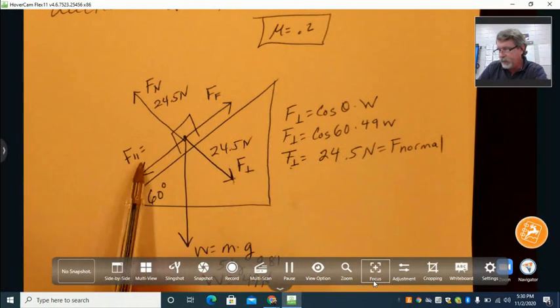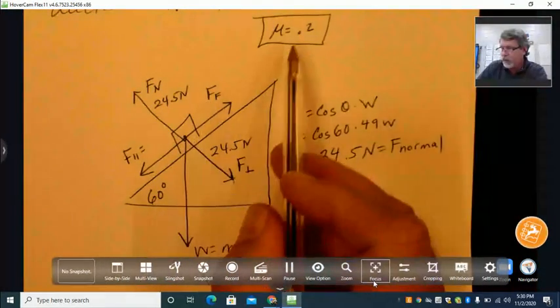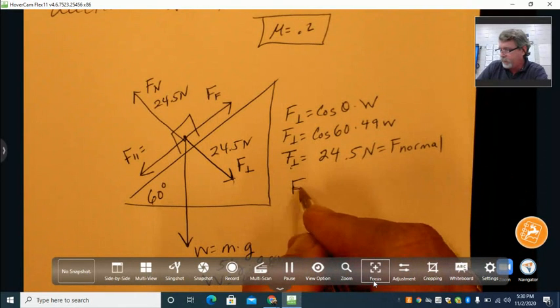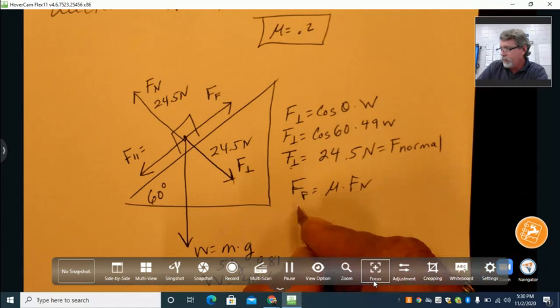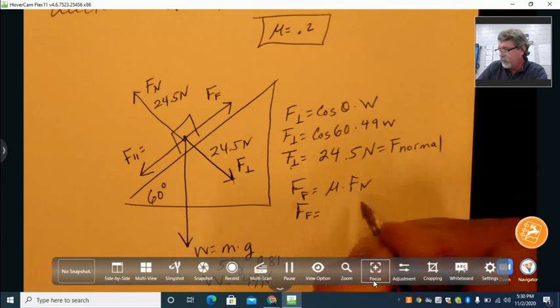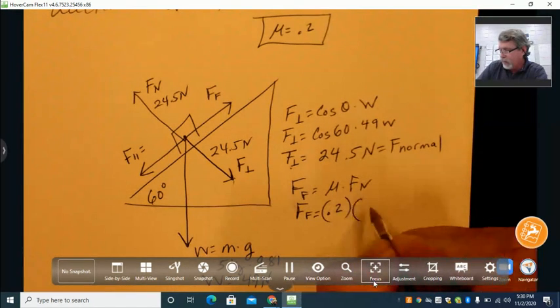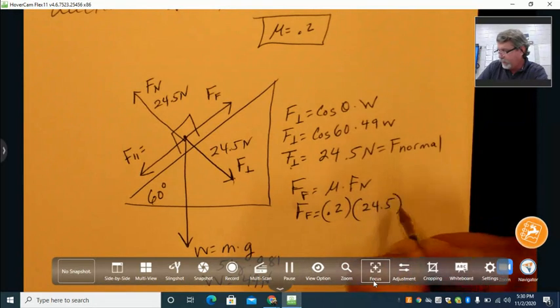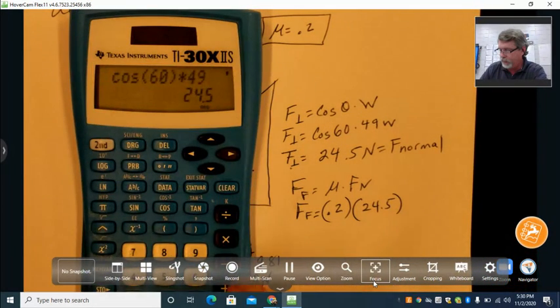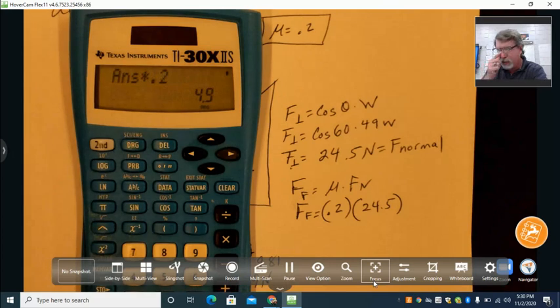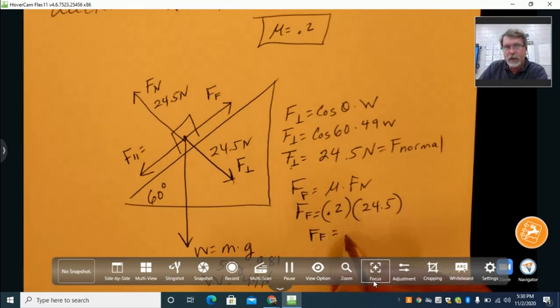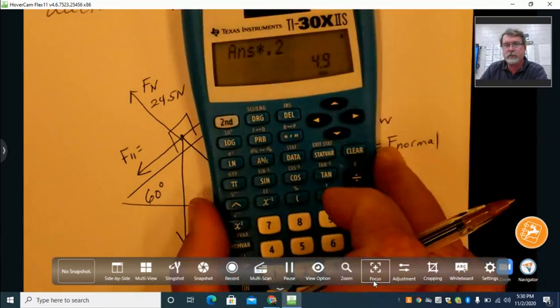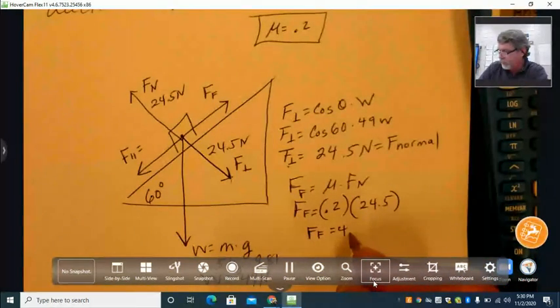Let's go ahead and find this force of friction. The formula for force of friction equals mu times force normal. So the force of friction is 0.2 times 24.5. So we bring that over here and go times 0.2, and we have a force of friction of 4.9 newtons.